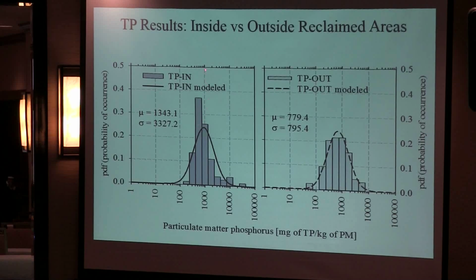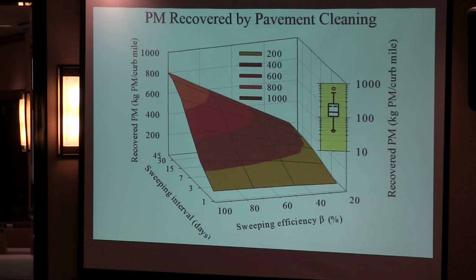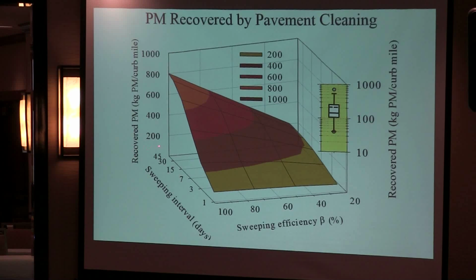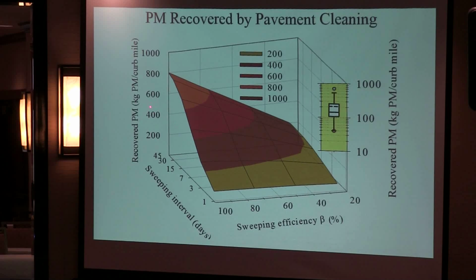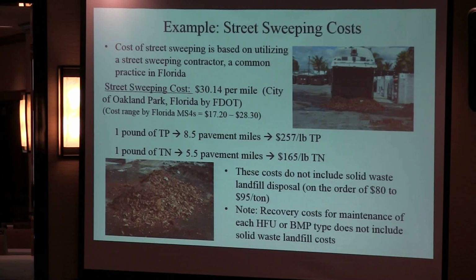We also look at inside and outside of wastewater reclaimed areas, because wastewater is now enriching the urban surface. And the primary method to do this is through street sweeping practices that are a function of sweeping interval and sweeping efficiency, and you can see that, in fact, we can recover a significant amount of particulate matter from these practices.